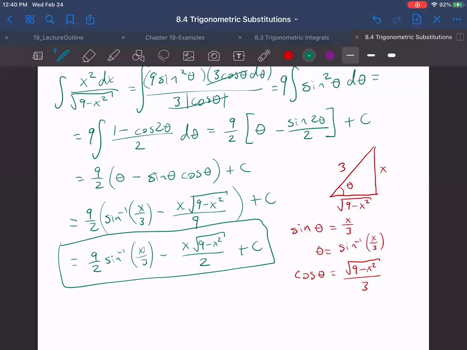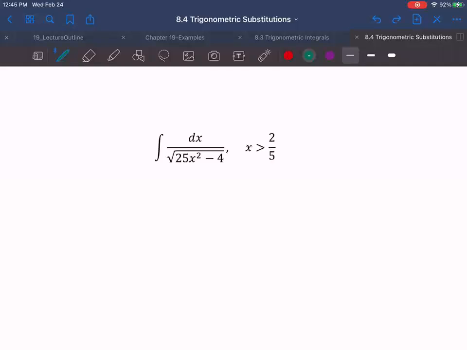What do you think? Get you started on this one, where square root of 25x squared minus 4, that's none of our situations, because we need an x squared minus a squared, right? So we don't have that. So this can equal square root of 25 times x squared minus 4 over 25.